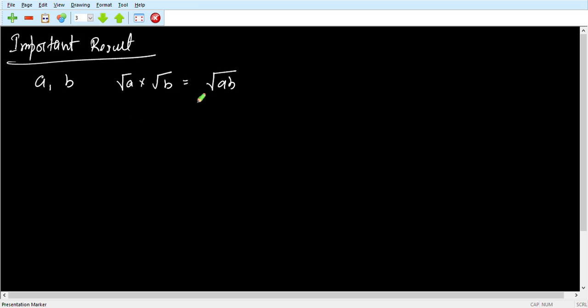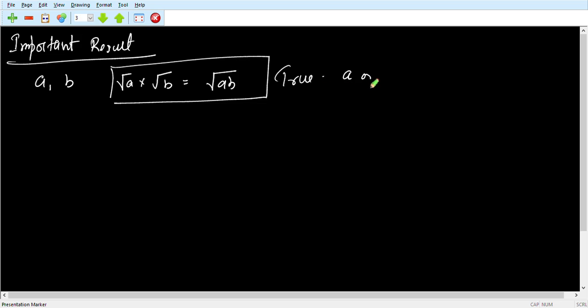This kind of problem we have already discussed in indices, and this is true only when at least one of the given numbers a or b is either 0 or positive.